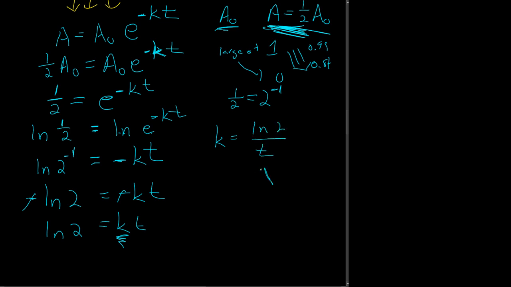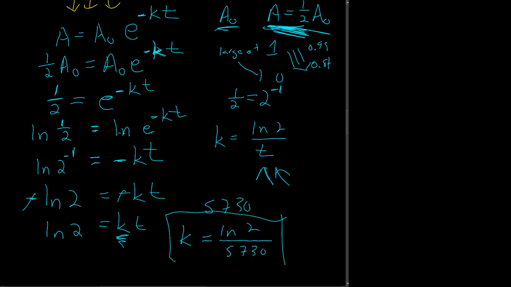And t, in this case, is my half-life, 5,730 years. And so I have a k equal to ln2 divided by 5,730.